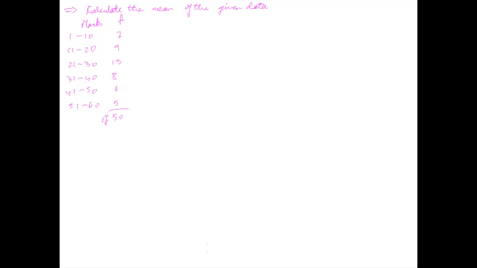That's summation of f. Now, children, to use the step deviation method, we will have to make it exclusive type. So I'll make the class intervals exclusive. Subtract half, add half. Subtract half, add half. So you see, children, these two come out to be the same.